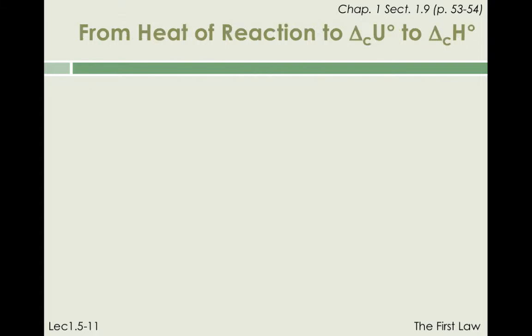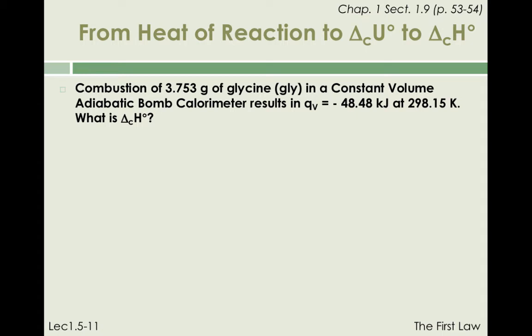Let us consider now the combustion of glycine in a constant volume adiabatic bomb calorimeter at 25 degrees Celsius. When we use 3.753 grams of glycine in a bomb calorimeter, the measured heat of reaction is minus 48.48 kilojoules. We would like to know the value that should be reported for the standard combustion enthalpy of glycine at 25 degrees Celsius.